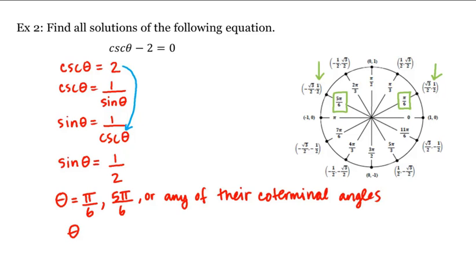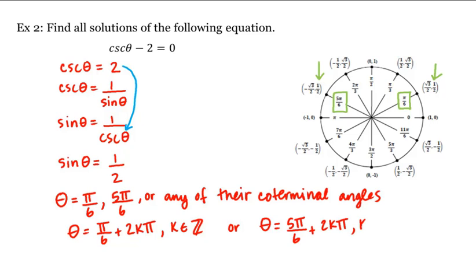Which is written as theta is equal to pi divided by 6 plus 2k pi, where k is an integer, or theta is equal to 5 pi divided by 6 plus 2k pi, where k is an integer, which is our answer.